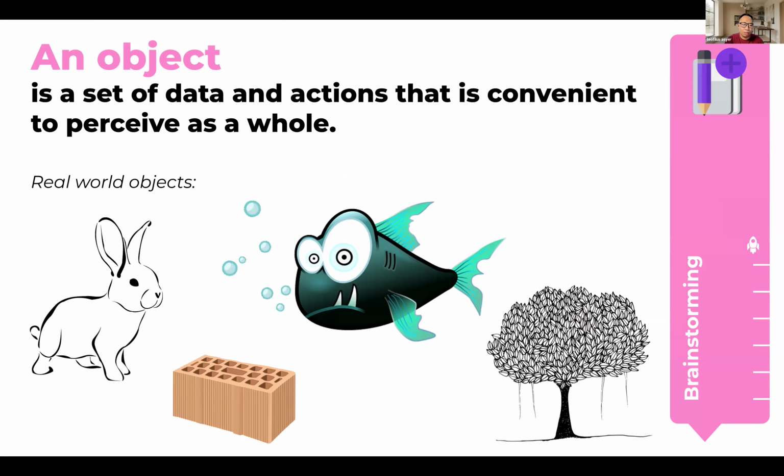So that's called an object. Do you agree with me? And that's the real world objects, right? That kind of definition applies the same way to objects when you learn about OOP in Python.